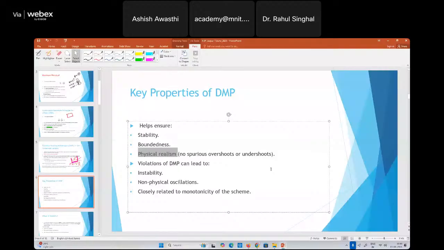We can't say anything. The guarantee is removed. For some values it may work, for some values it will not work. So randomness will come into the numerical system if it is not DMP. But please note that violation of DMP does not imply that it is always unstable. It is nothing like that.